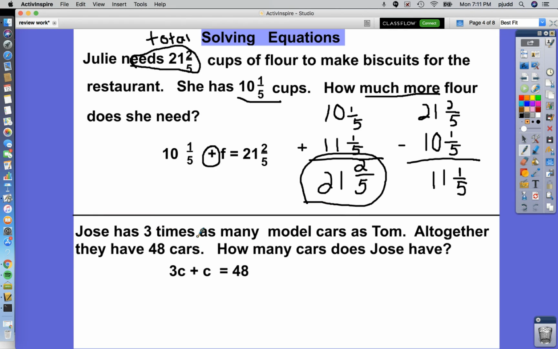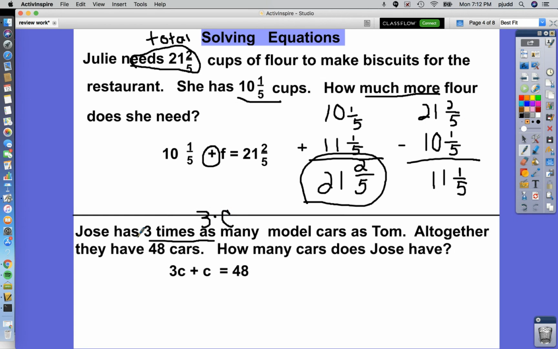Jose has 3 times as many model cars as Tom. Altogether, they have 48 cars. How many cars does Jose have? Well, I know that he has 3 times as many. So this is going to be 3 times, I'm going to put C for cars.